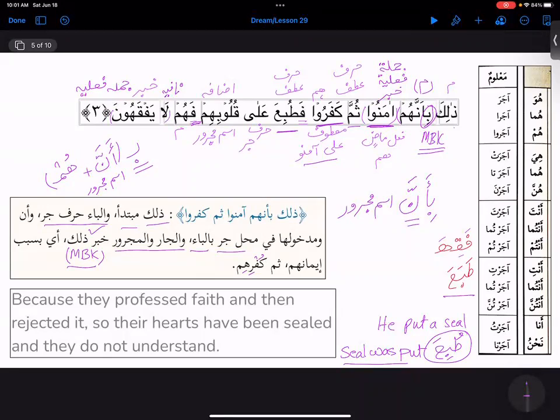We know that in English we learn passive, right? For example, he taught, and then the passive would be teaching is done, because the doer is not clear.